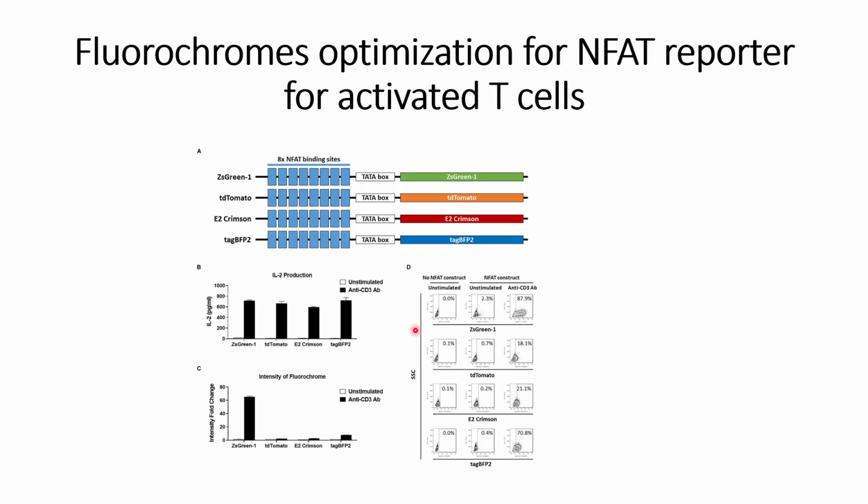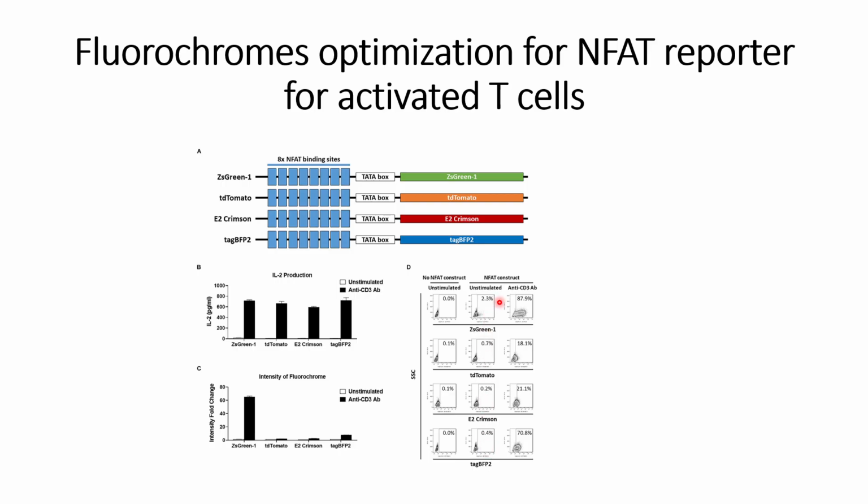They have also shown the flow cytometry results, where we can see that when there is no NFAT construct, the reporter signal is almost 0. And in the case where the NFAT construct is there and these hybridoma T cells are not stimulated, that is they are not treated with anti-CD3 antibodies, the signal is almost close to 0.